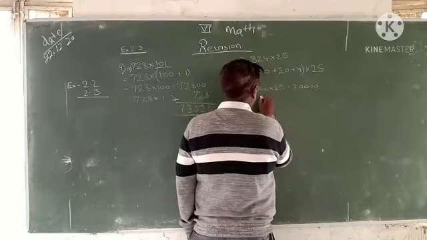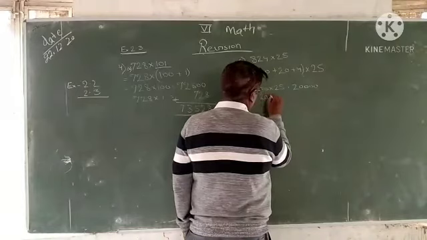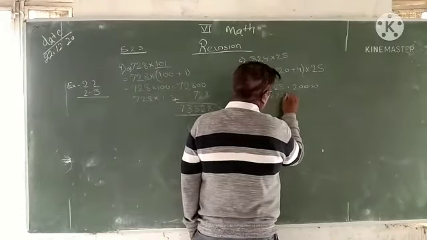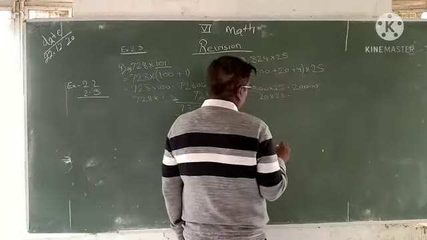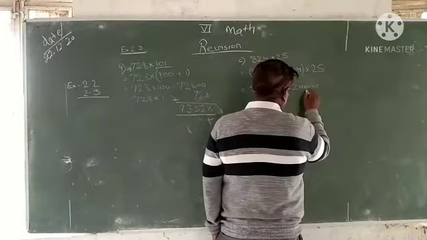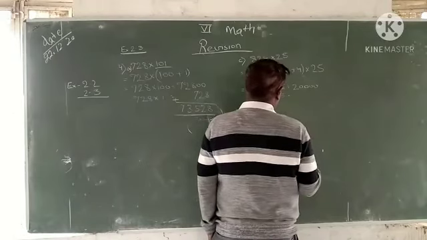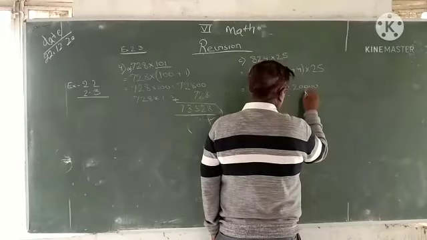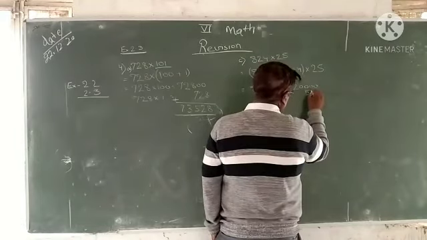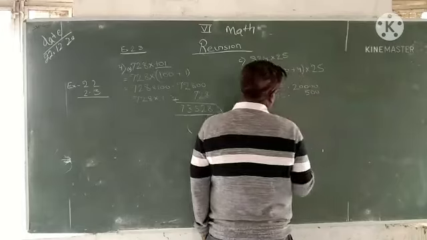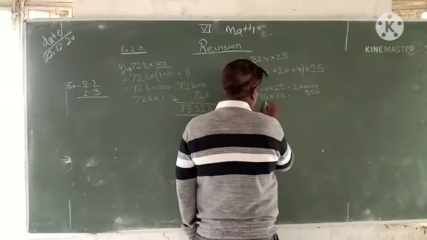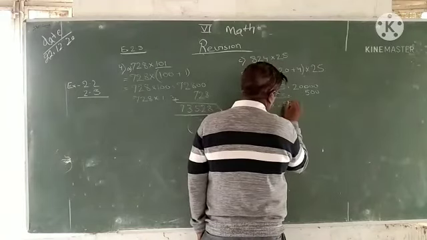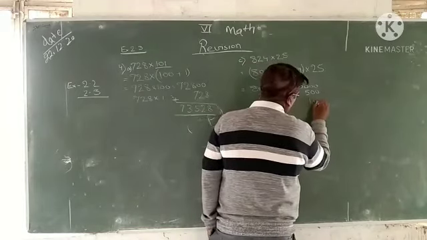20 into 25 comes as 500. And 4 into 25 comes as 100.